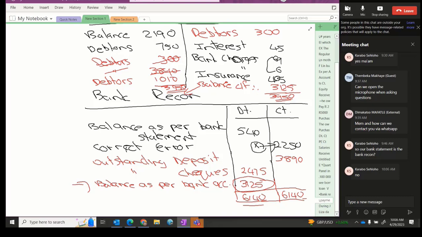So usually the first time around, Karabo, why are you saying no? Oh, maybe you said no, that you don't know how to balance. But yes, if all the transactions you did were done correctly, you should get the same value on the debit side as on the credit side.